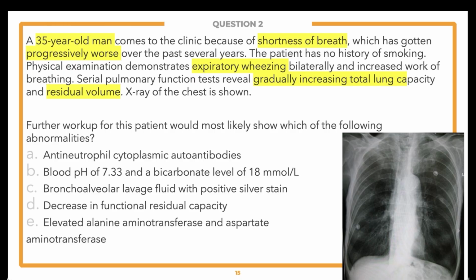So positive ANCA antibody. So you've got a wide spectrum, right? Everything from autoimmune to acid base to bronchoalveolar lavage to functional capacity to liver function. So there's a story being built here based on the clinical picture. I want you to take that with the X-ray and try to figure out exactly what we're dealing with here.